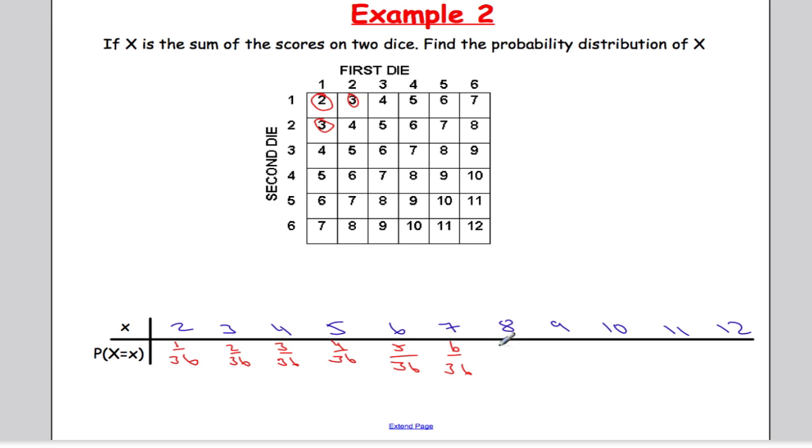So 5 out of 36, 4 out of 36, 3 out of 36, 2 out of 36, and 1 out of 36. So that's our probability distribution for a random variable x, which represents the sum of the scores on the 2 dice.